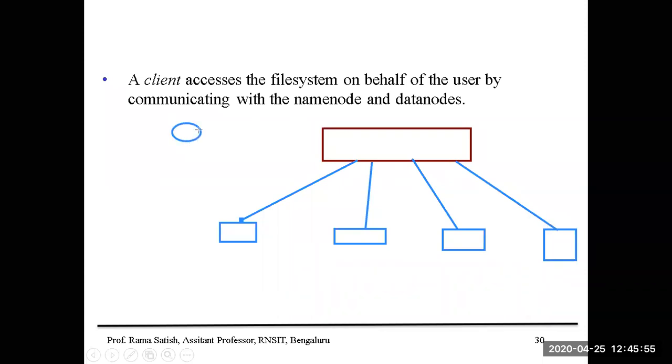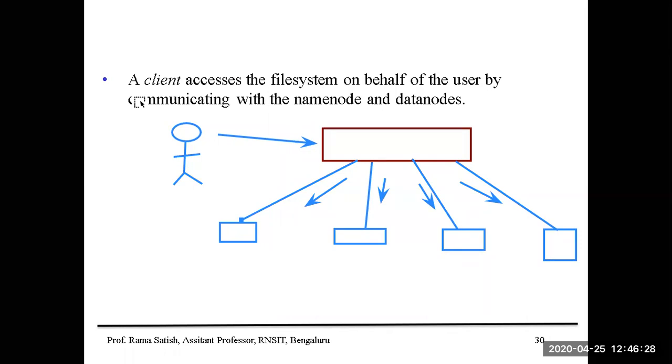The client will always talk to the name node. He will send a file to name node, and whatever file that name node receives, it will split and send to all the data nodes. So this is how the actual functioning happens.